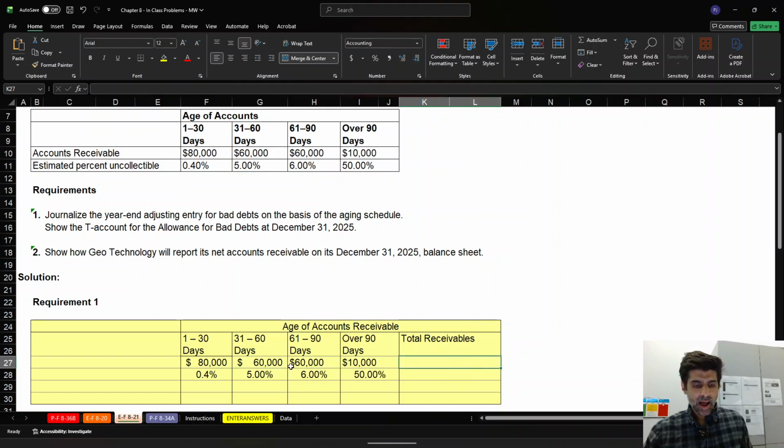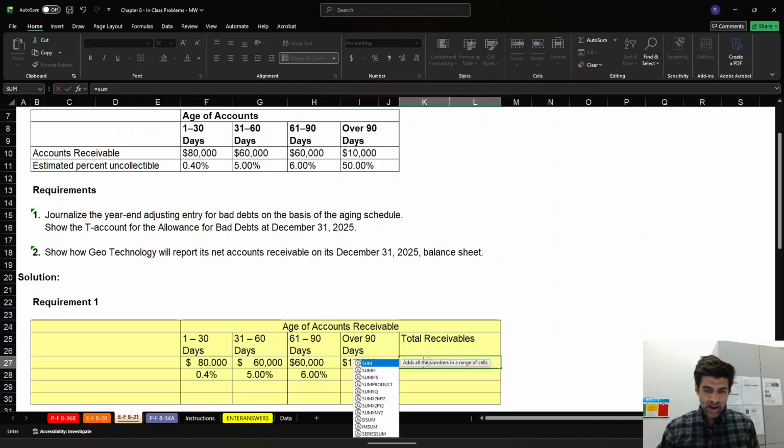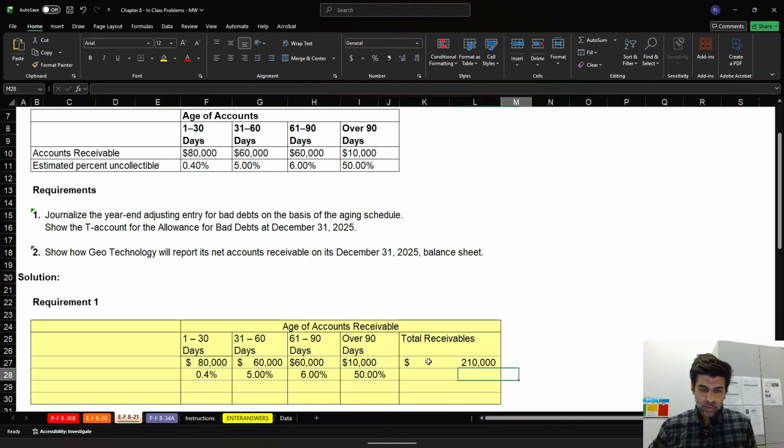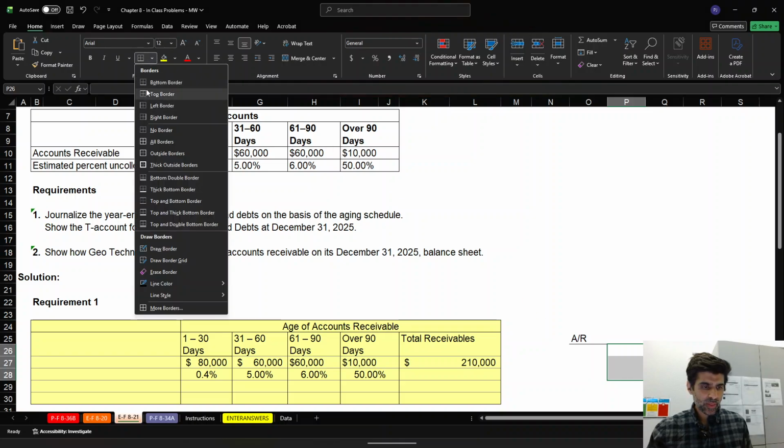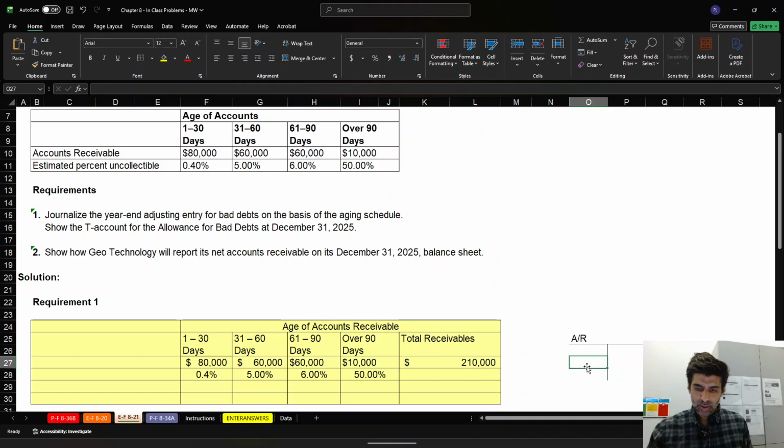Okay, so I have all my balances, the total receivables. I can use this function called sum, equal sign, sum, and add these up. So in my T account for accounts receivable, I'm going to have all the transactions for the month, and then at the end of the period, a debit balance of 210,000.